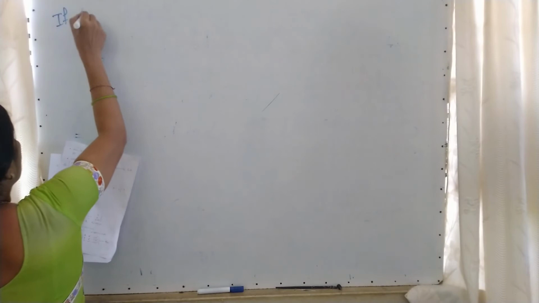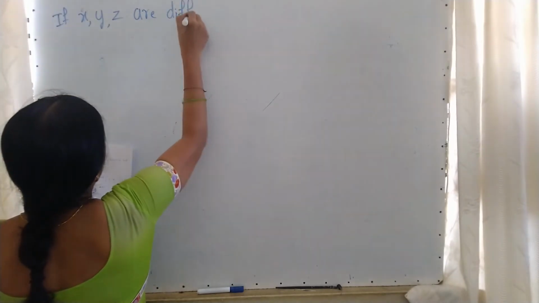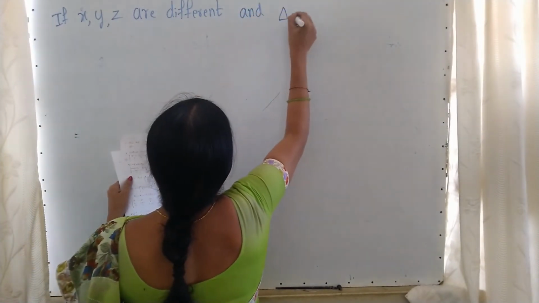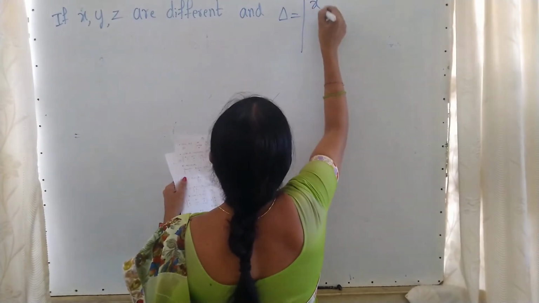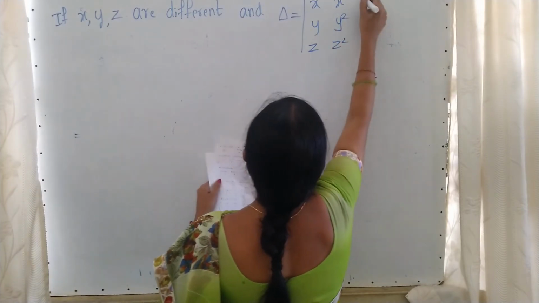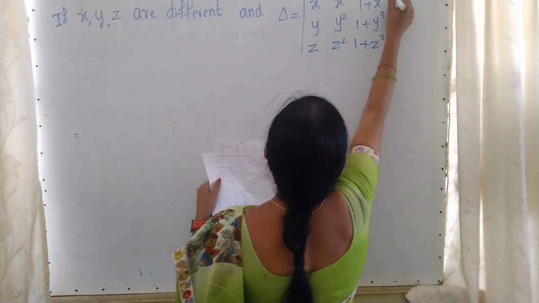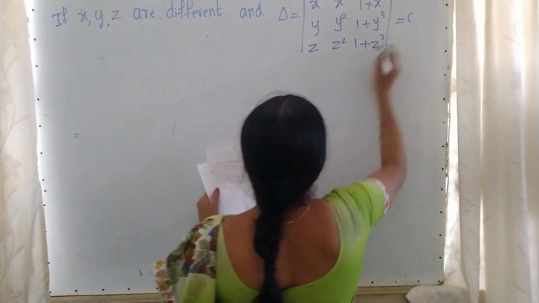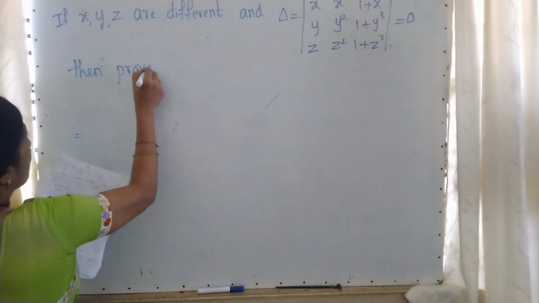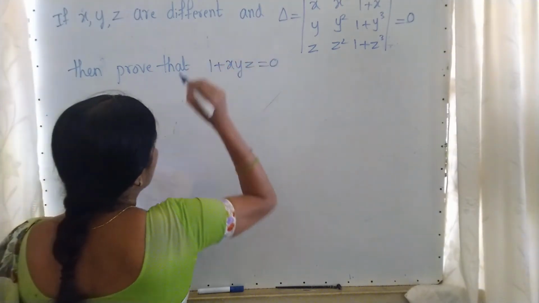If X, Y, Z are different and the determinant of X, Y, Z, X square, Y square, Z square, 1 plus X cube, 1 plus Y cube, 1 plus Z cube is equal to 0, it is given, then prove that 1 plus XYZ is equal to 0.